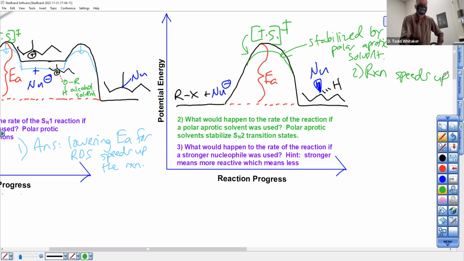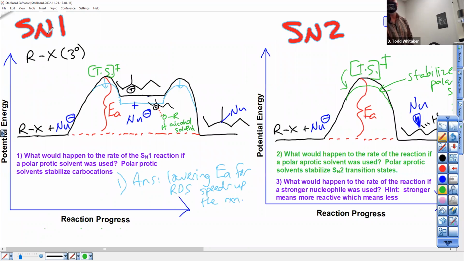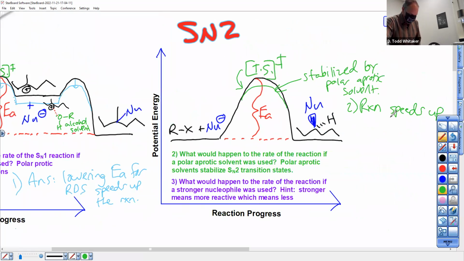A polar protic solvent, like an alcohol, which reaction does that speed up? This is what you have to learn, people. The alcohol sped up which reaction? Do you need to see the labels at the top? The alcohol sped up this reaction. It did not help the other reaction. The polar protic solvent sped up this reaction.